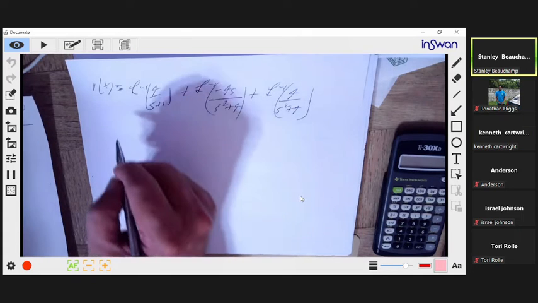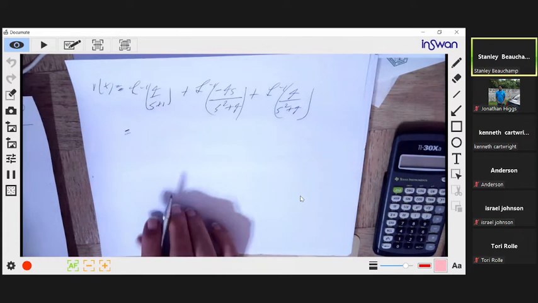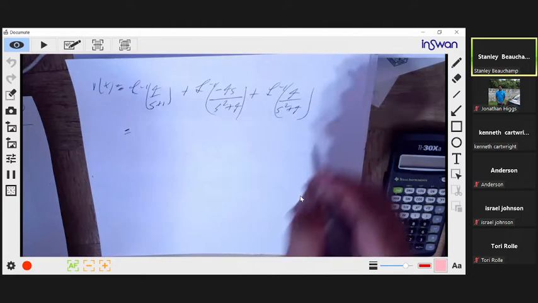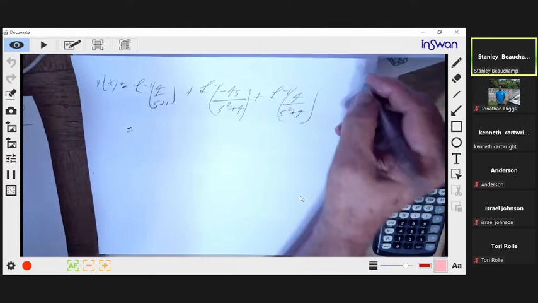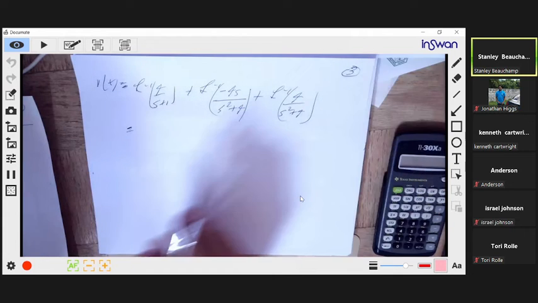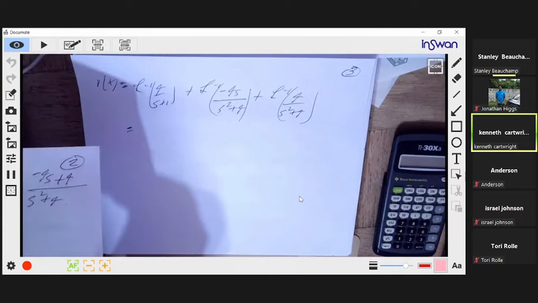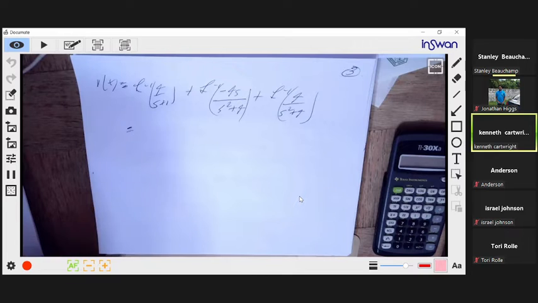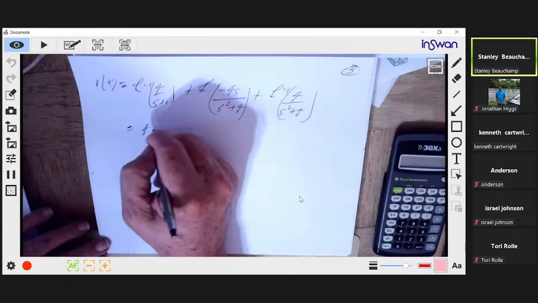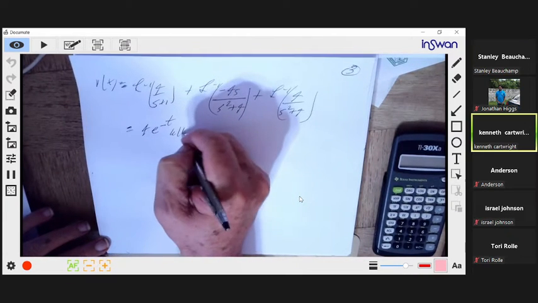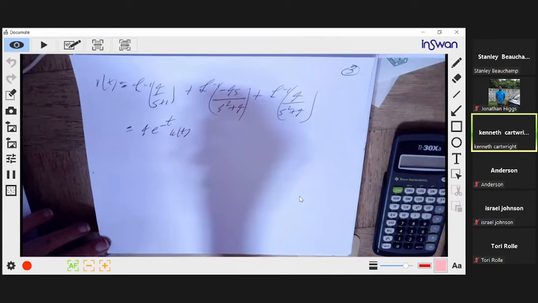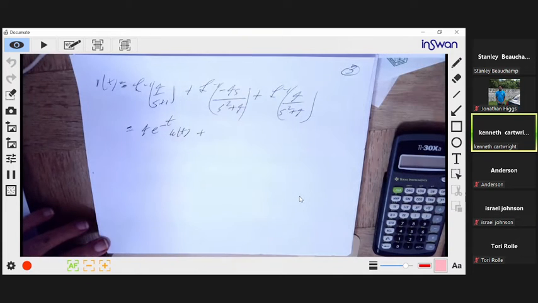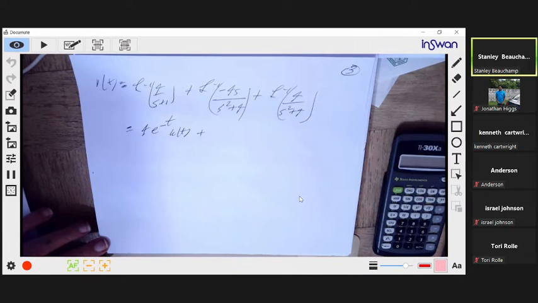Which is how much? I know the first one is 4e to the minus t. Yes. What's the second one? Well, the second one is cosine.